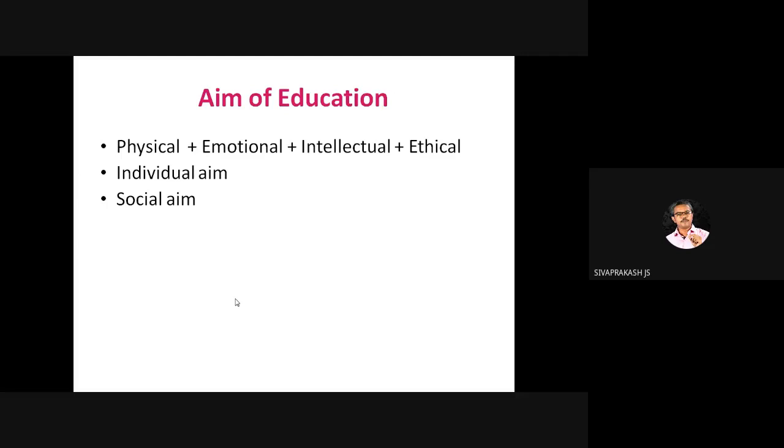A literate is one who learns, unlearns, and relearns. He has given a wonderful explanation for this. Learn, unlearn, and relearn. Who does this in his or her day-to-day life is called literate.